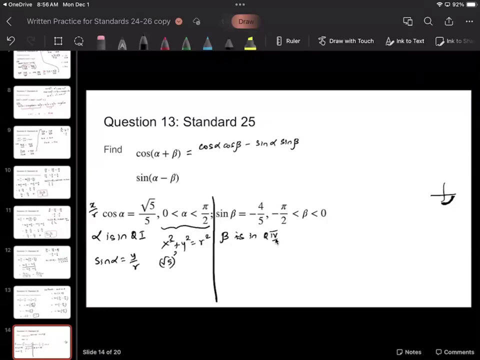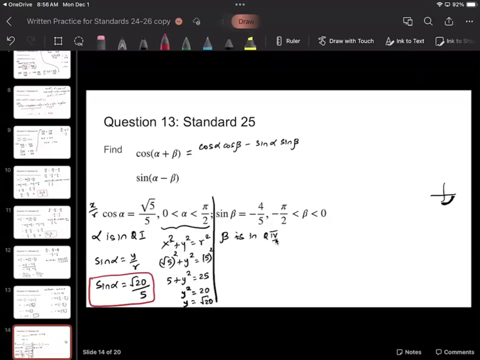Root 5 squared plus y squared is 5 squared. 5 plus y squared is 25. Y squared is 20. Y is square root of 20. I'm only using the positive value because I know that in quadrant 1, y is positive. So this gives me sine alpha is root 20 over 5. Okay, so just keep this with you. That's all you need to do for now.